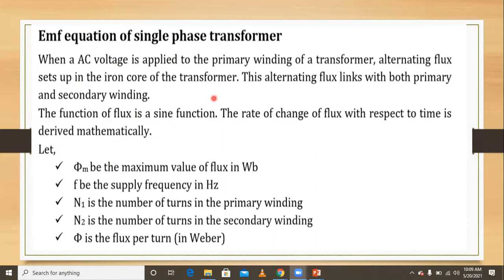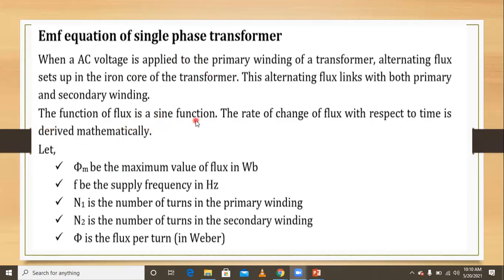Whatever flux is generated by the primary winding links the secondary winding. That is called transformer action.